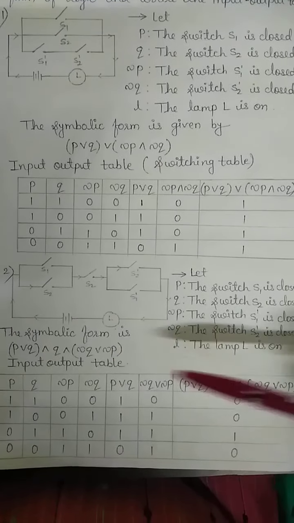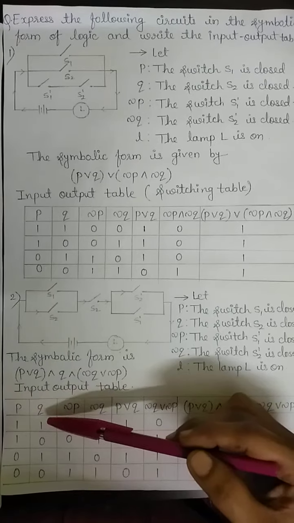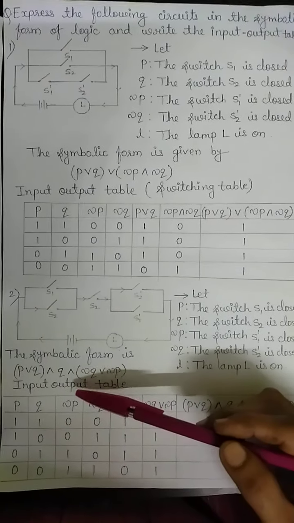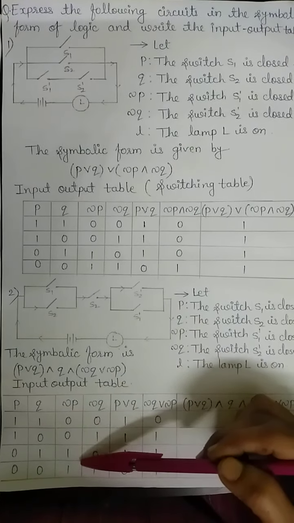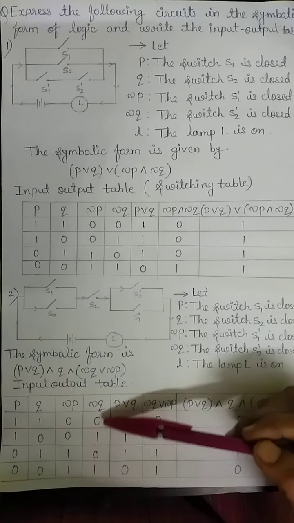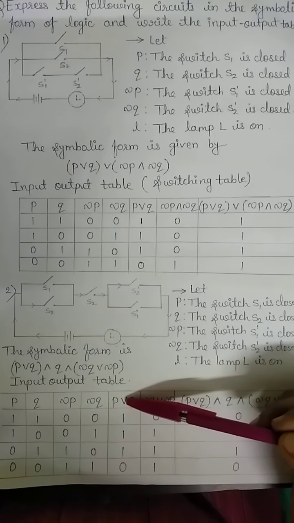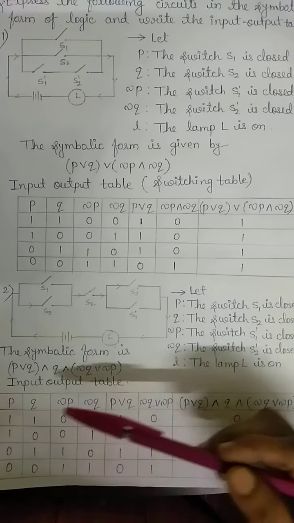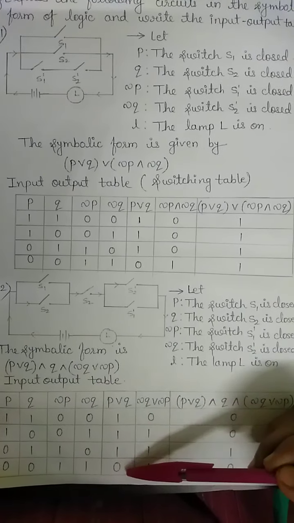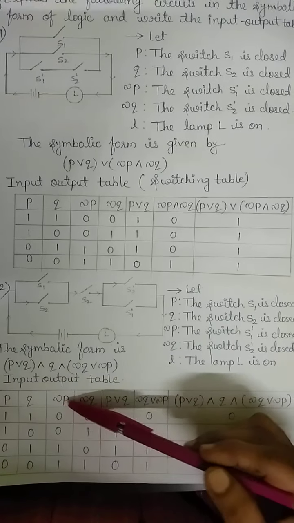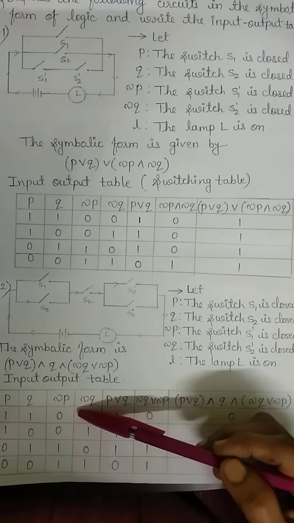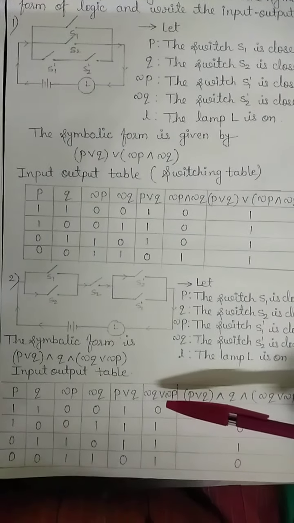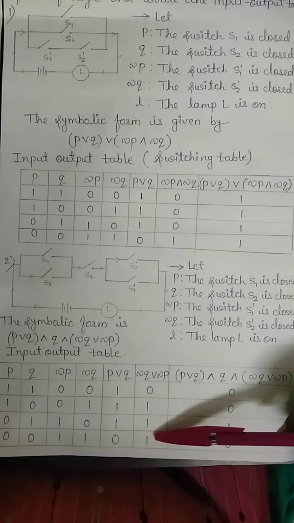So possibilities for P 1100, possibilities for Q 1010, then negation of P 0011, negation of Q 0101, then P or Q, we can apply the logical connective OR here, we will get 1110. Then for these two statements again we will apply the logical connective OR, we will get 0111.